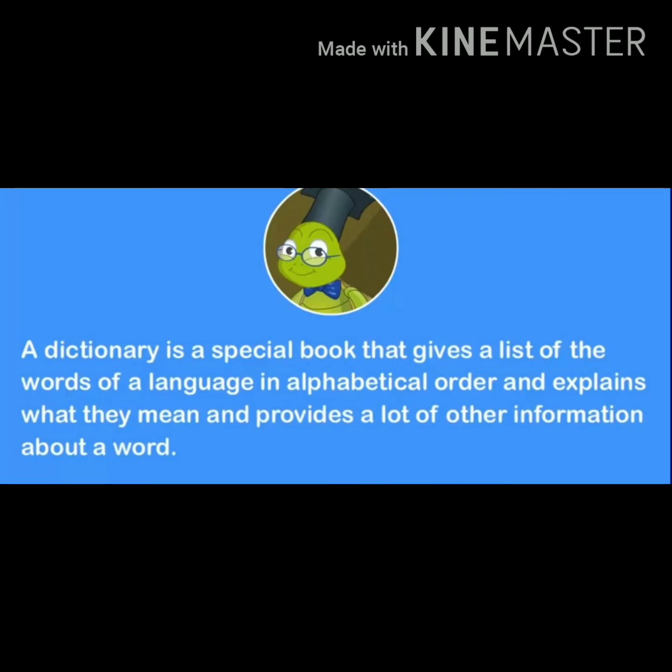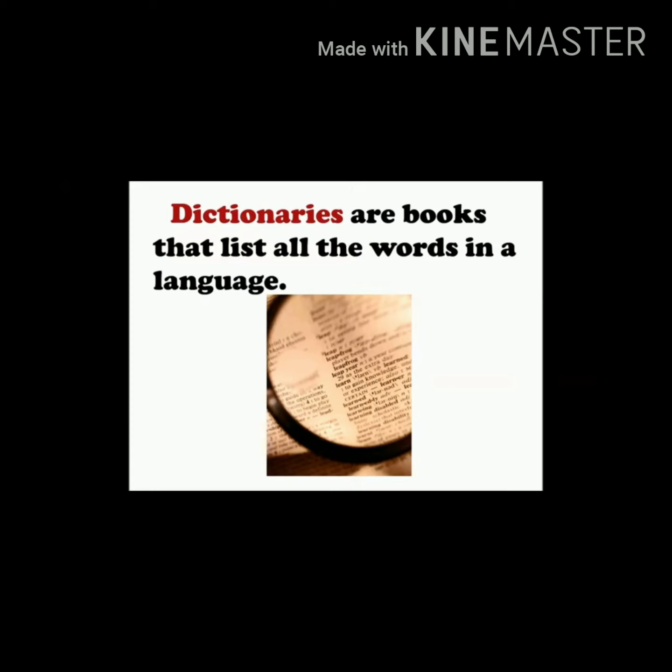A dictionary is a special book that gives a list of the words of a language in alphabetical order, explains what they mean, and provides a lot of other information about a word. In short, you can say dictionaries are books that list all the words in a particular language.